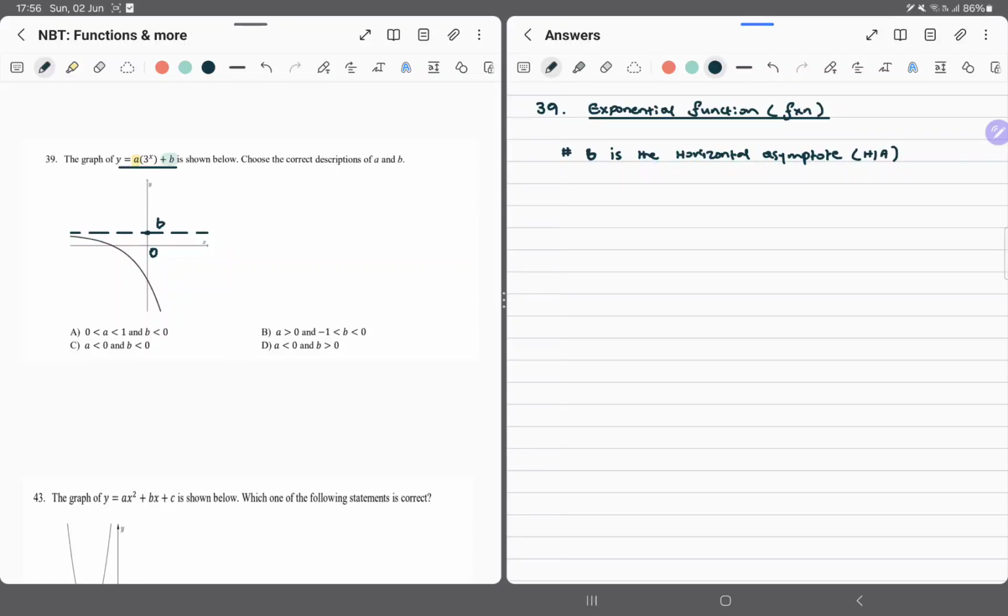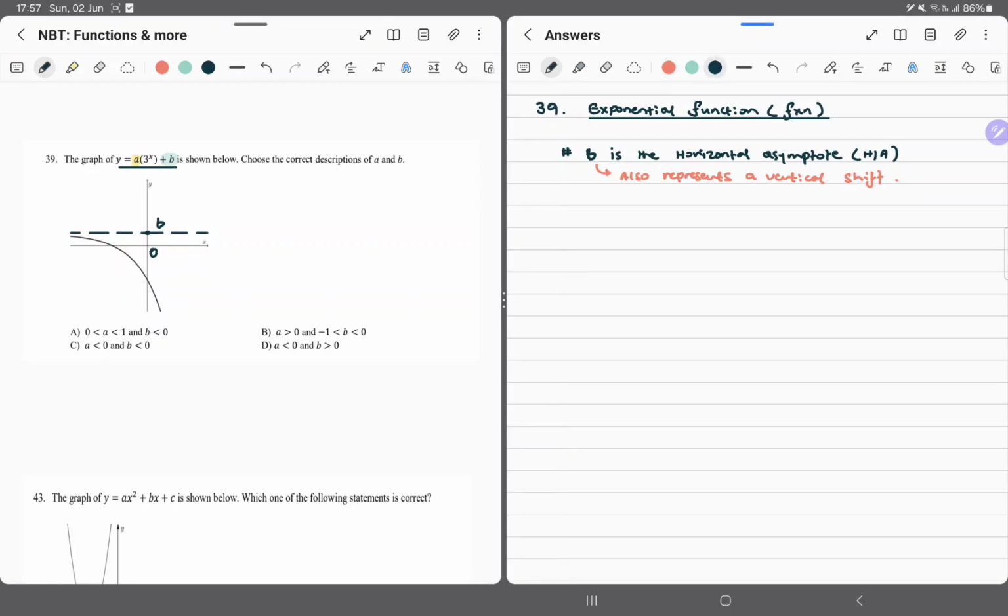And if this is the horizontal asymptote, we know that b also represents a vertical shift, in a way.